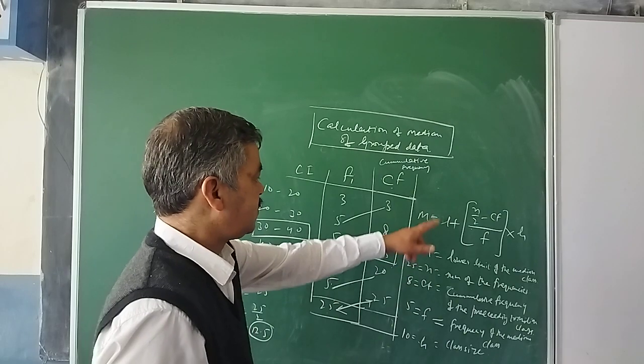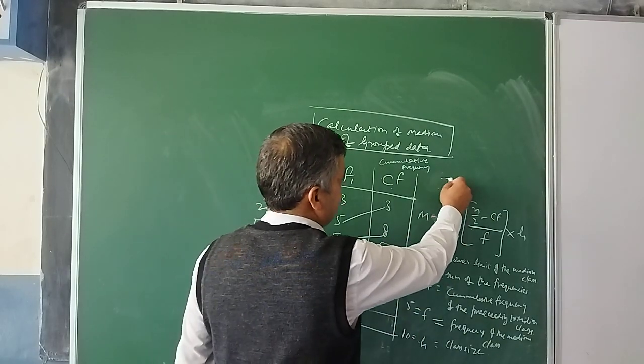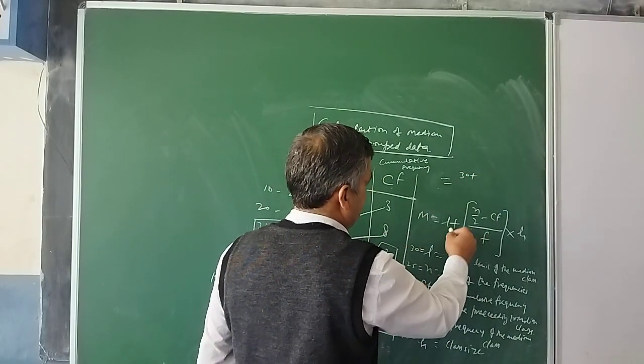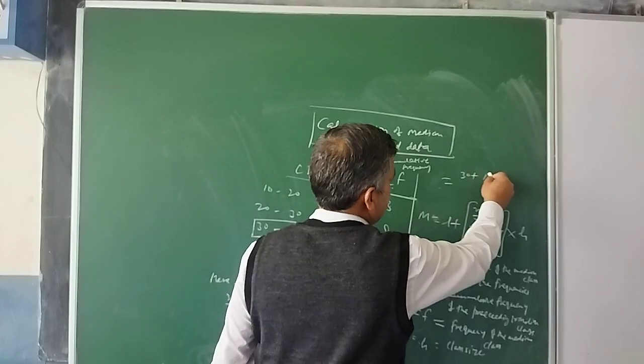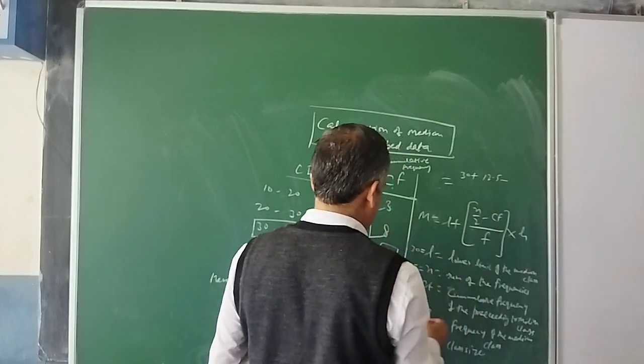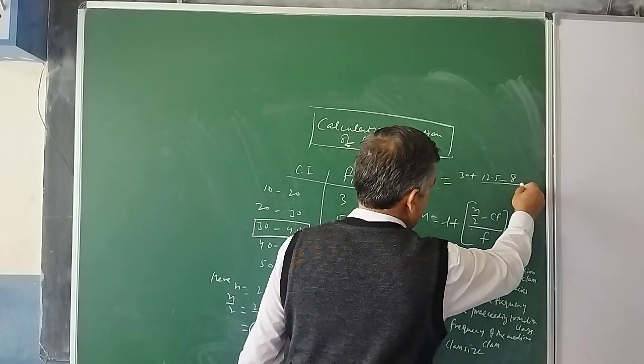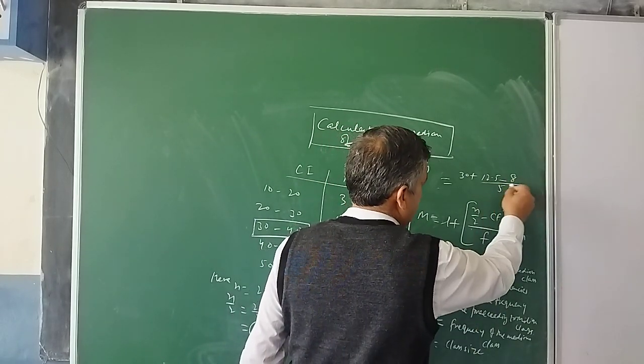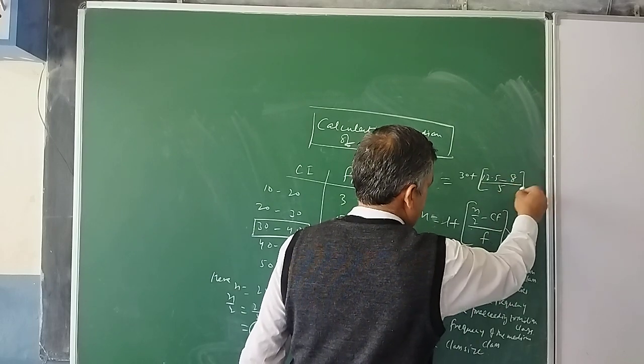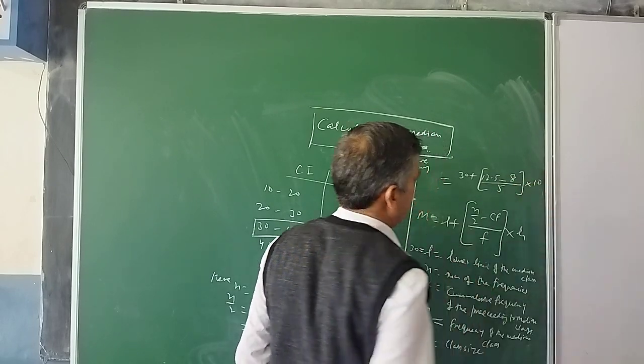So you put all these values in the formula. You will get 30 plus (n by 2, that is 12.5, minus CF, that is 8) upon F, which is 5, into the class size, which is 10.